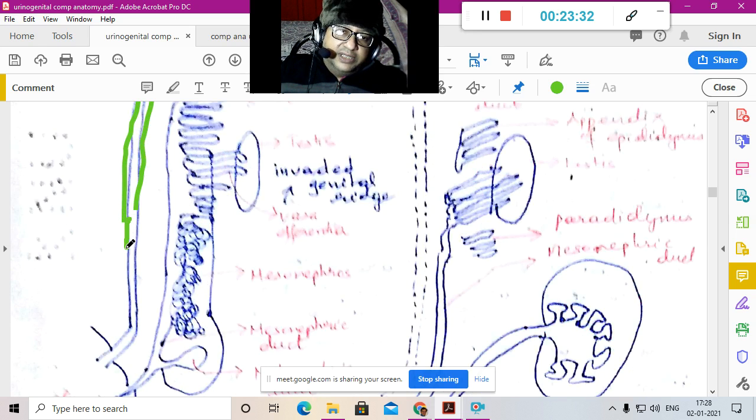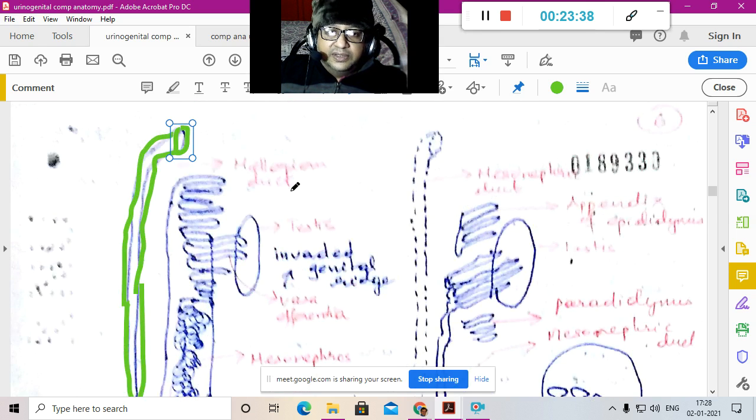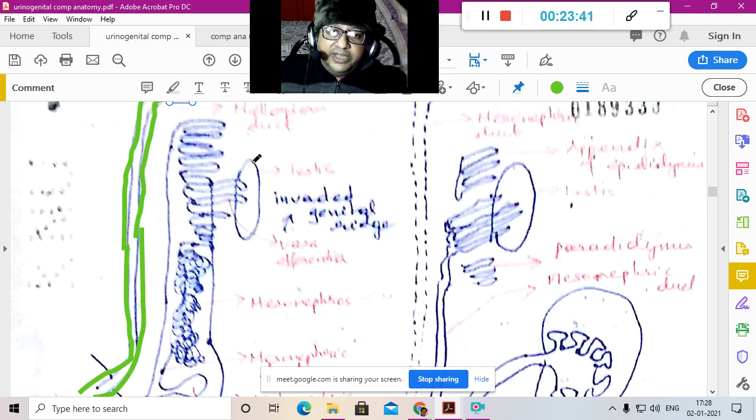This Mullerian duct is going on and on. It's going into the cloacal region. Say the testes has already been formed. And this is the mesonephros. Minor structures like this are formed.